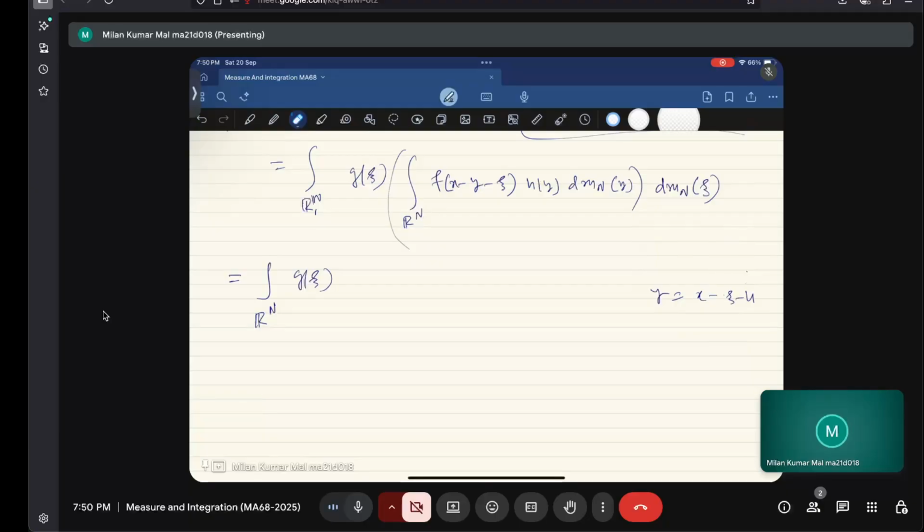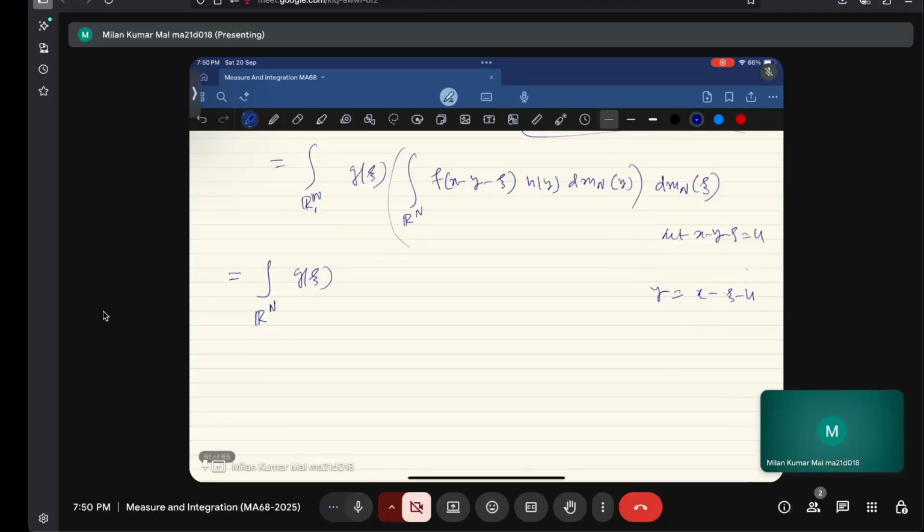Here the variables are y and j, x is fixed.